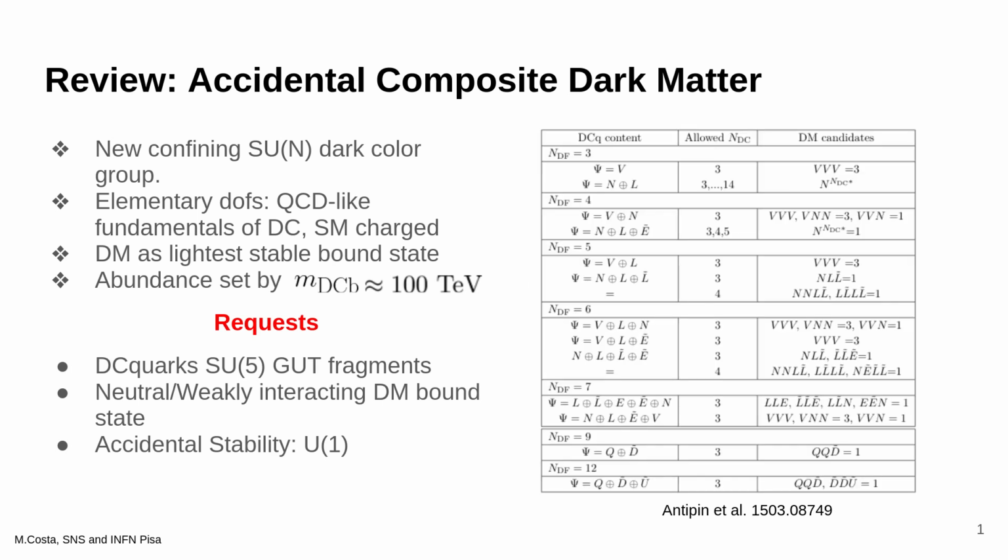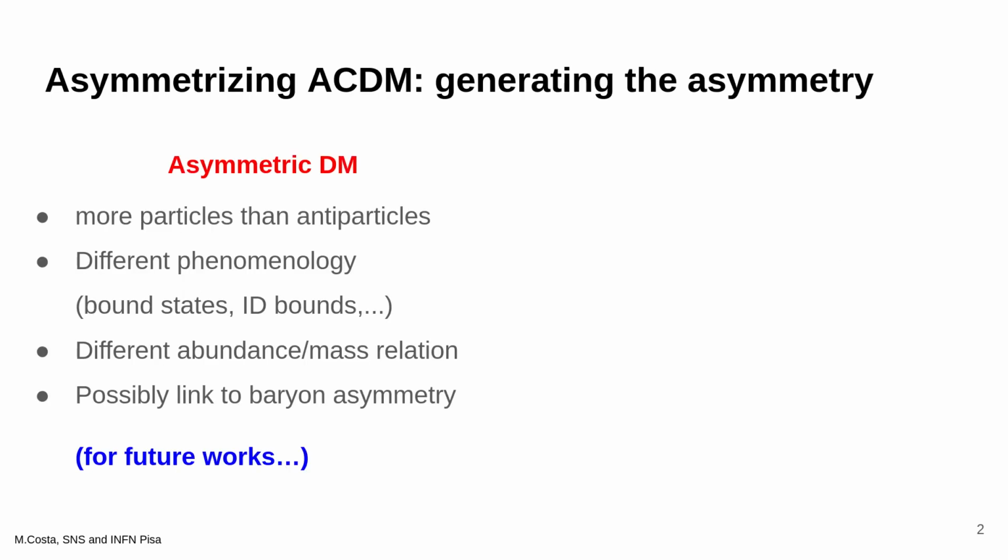Here is the list of the models allowed by these requests, and now I want to introduce how we can make such models asymmetric. So, what do we mean by asymmetric dark matter models? We mean models in which there are more particles than antiparticles. These lead to a different phenomenology. For example, there are different bounds coming from indirect detection, or coming also from the fact that now the dark matter particle can form long-lived bound states.